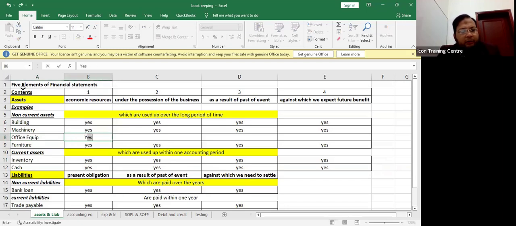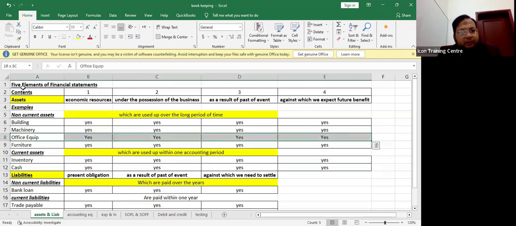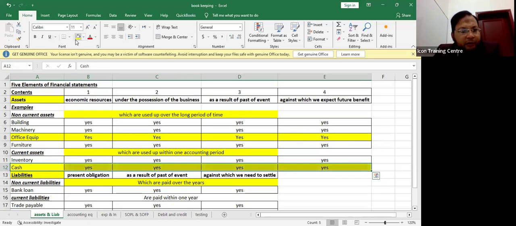So is it our economic resource? Yes, it is now under the possession of the business. Yes, it was as a result of past event. Yes, now we expect future benefit. Yes, but this is our non-current asset because we can expect benefit to be taken from this asset over a longer period of time. And at the same time, the cash is decreasing and cash is also our asset, right?